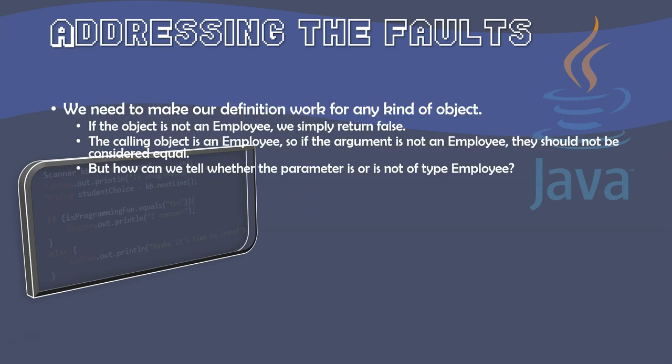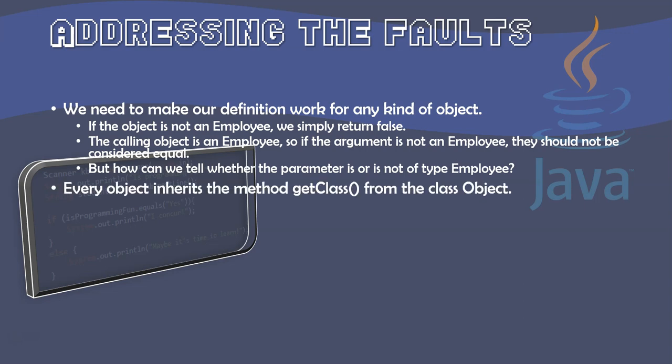We need to make our definition work for any kind of object. So if the object is not an employee, we simply need to say, hey, this is false, move on with life. If the argument is not an employee, they should not be considered equal. But how can we tell whether or not that parameter is of type employee? How do we know that it's actually an employee type?